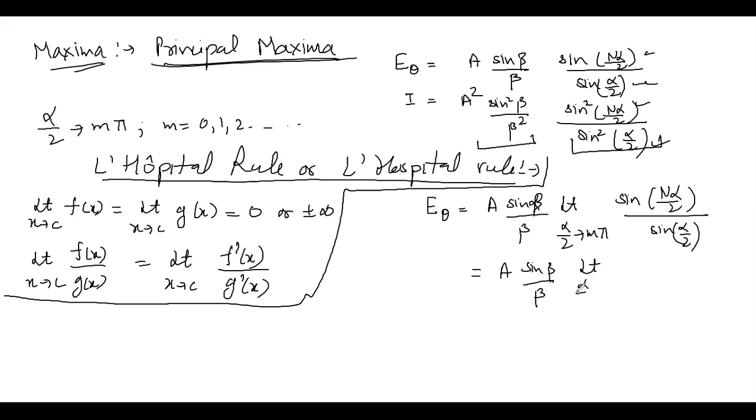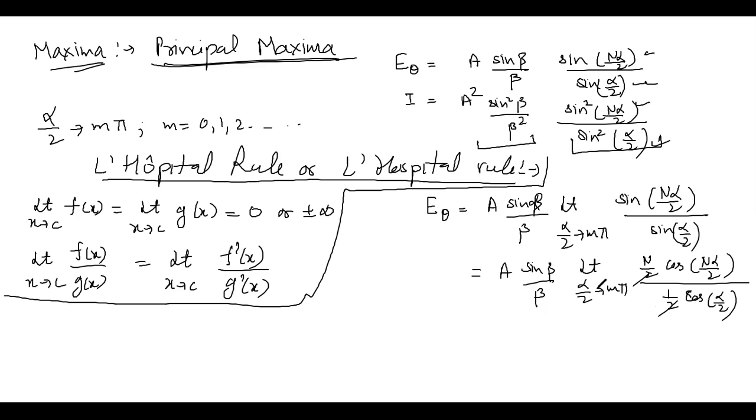Limit alpha by 2 tends to m pi. Sine n by 2 alpha, if you differentiate, you will have n by 2 cosine of n alpha by 2. In the denominator, you will have 1 by 2 and cosine of alpha by 2.